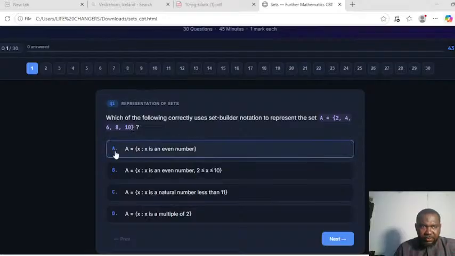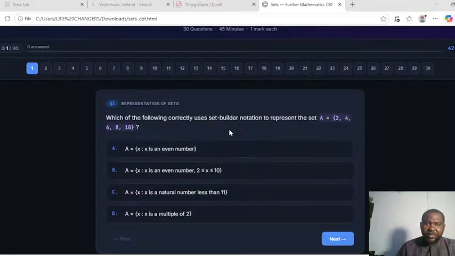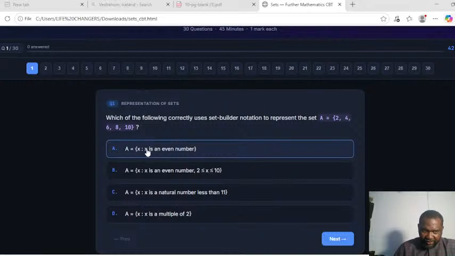Option A cannot be correct. The reason is that it is an infinite set. X is an even number does not have an end. You go 2, 4, 6, 8, 10, 12, 16. It keeps going. So A is not correct.